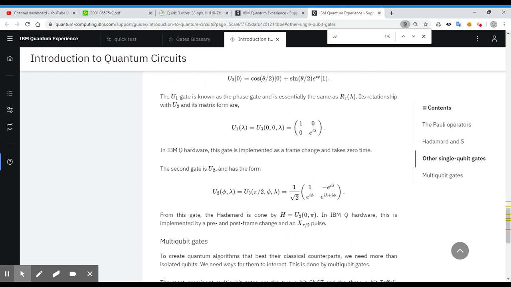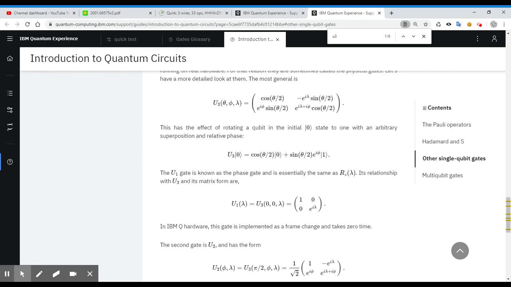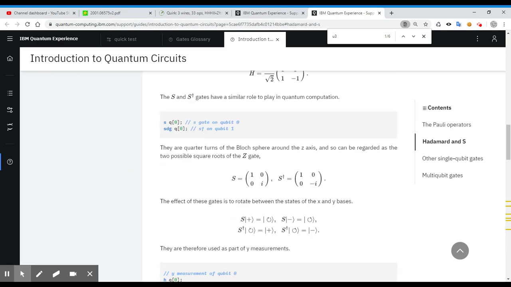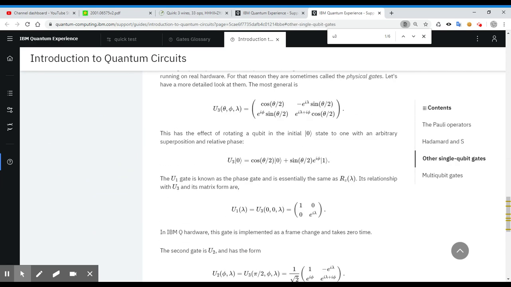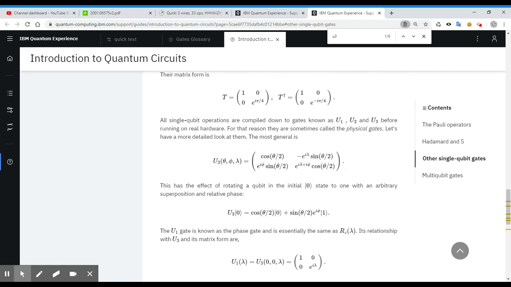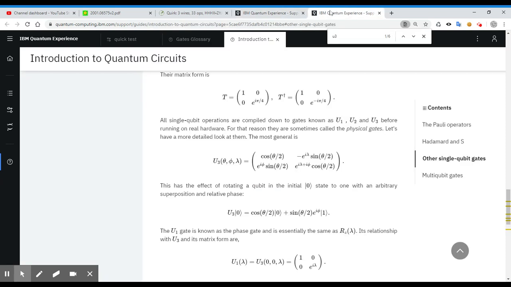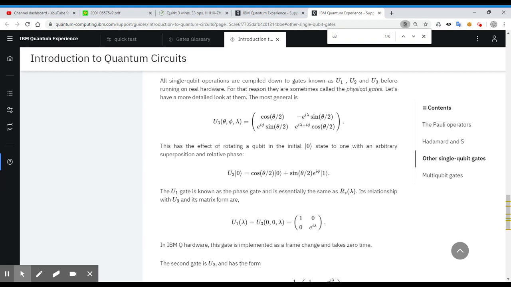The U2 gate has the form... Because that's the most general form. So theta. Does this mean that this is the z-axis parameter, this is the y, and this is the x?